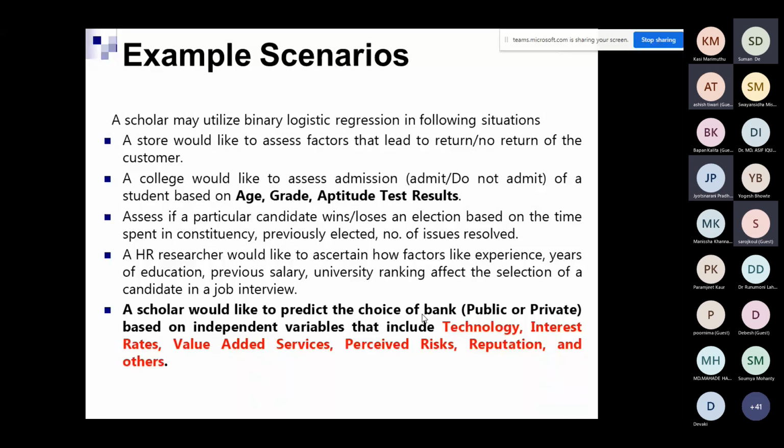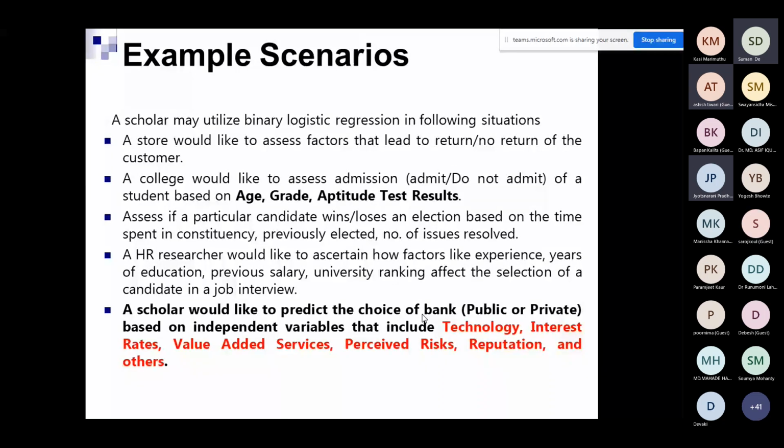Based on that information and the quantity of purchases you make every month, they will predict whether you come back to the same store on your next visit or not. They can predict this kind of scenario.